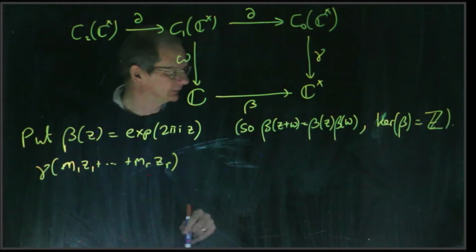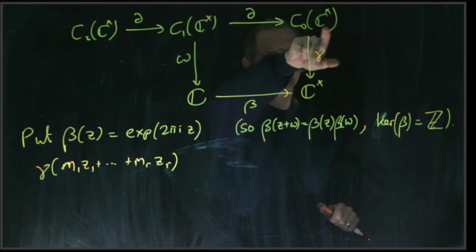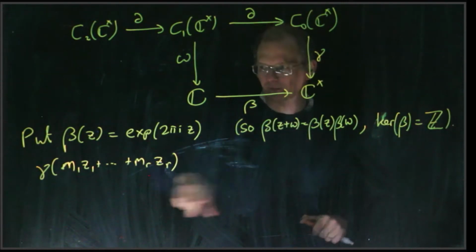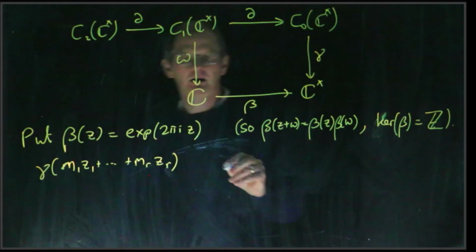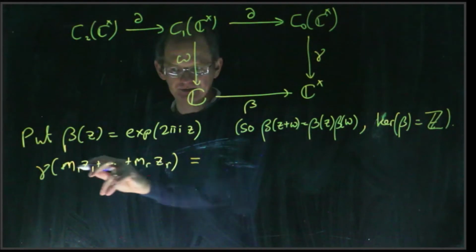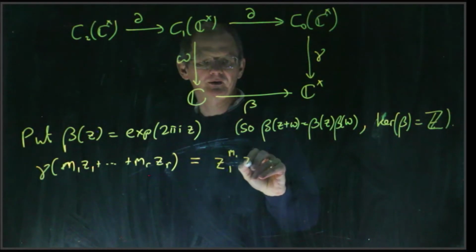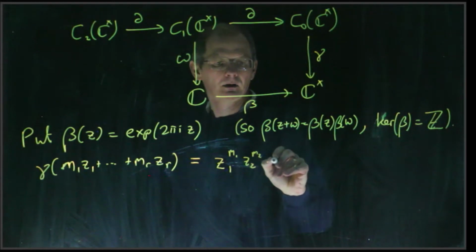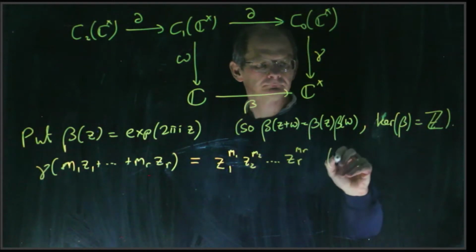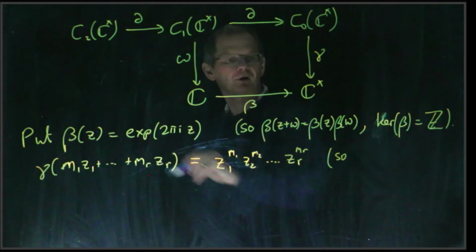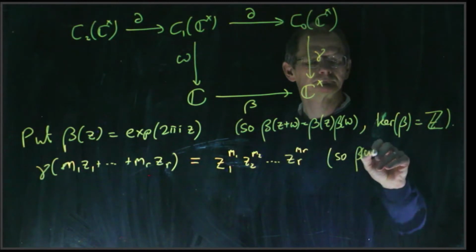Okay, and what about this gamma? Here a typical element of C0 of C cross is some kind of formal linear combination of elements of C cross. And what we do is we define this to be z1 to the m1, z2 to the m2, up to zr to the mr. And so again, this converts sums to products.